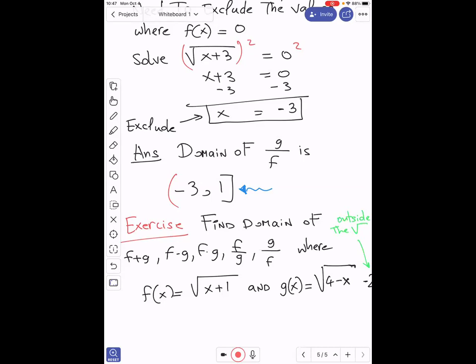Now you need to be careful with f over g. It's not negative 1, 4; the 4 is excluded. Of course there are different answers.